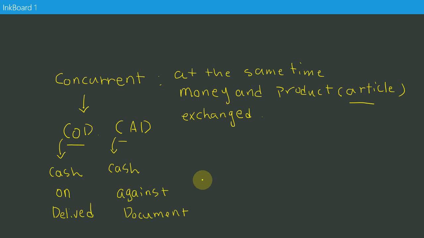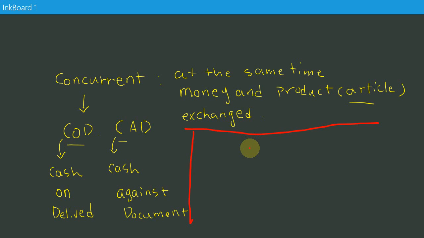This is document, this is delivered. Then let's see COD in detail. What does COD stand for? COD works this way.